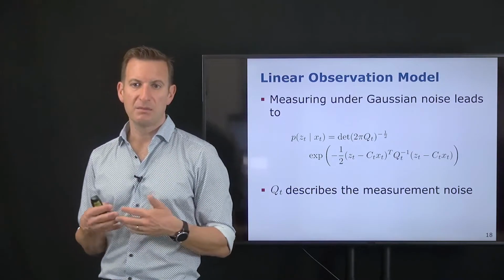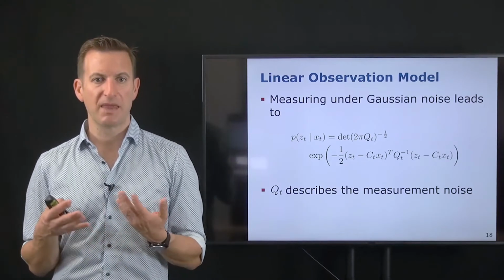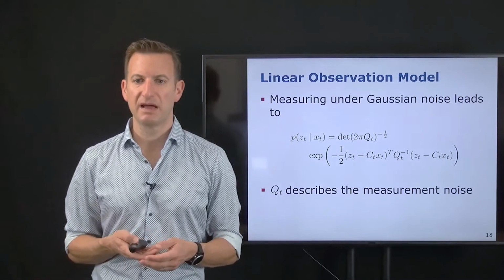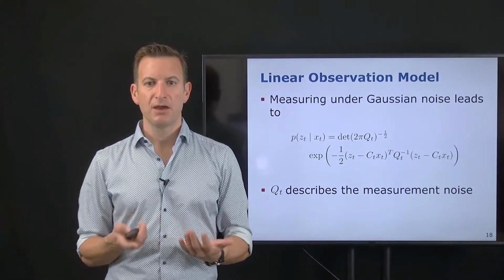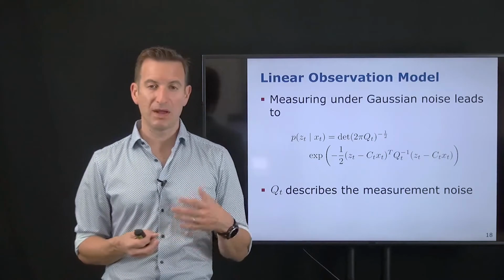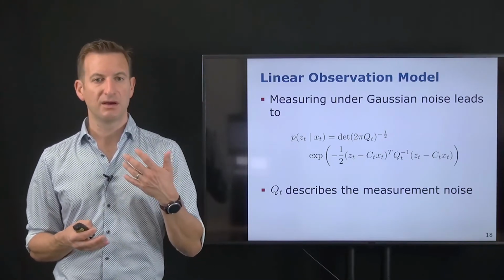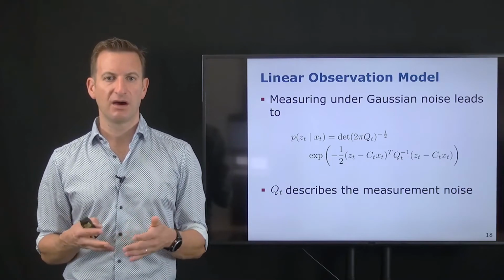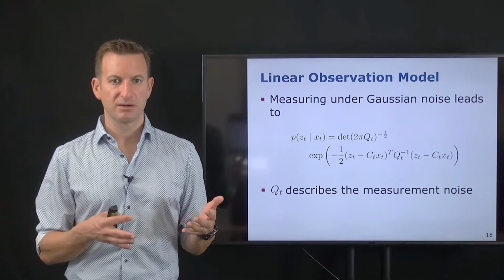So this is again my Gaussian distribution as the model for my observation, taking into account that everything is linear over here. Okay, so that means we have shown that the motion and the observations are linear Gaussian models.